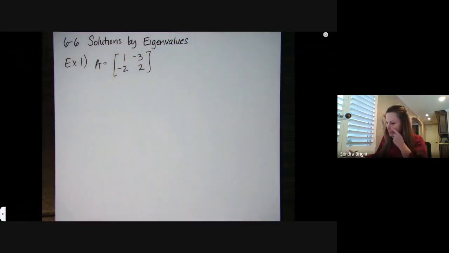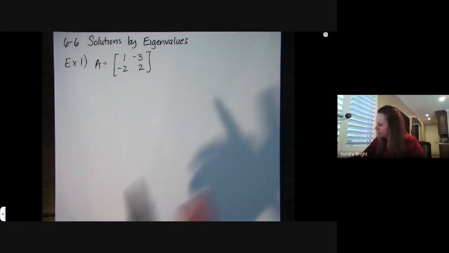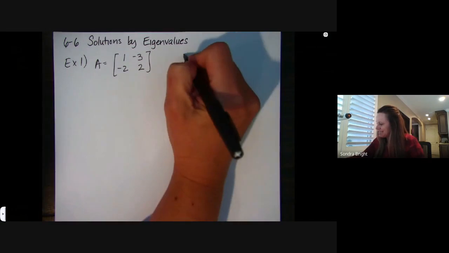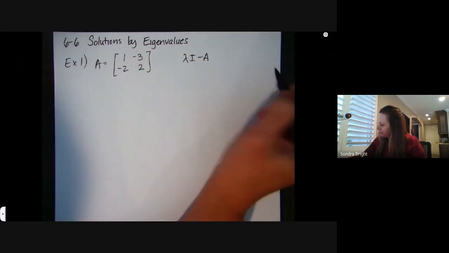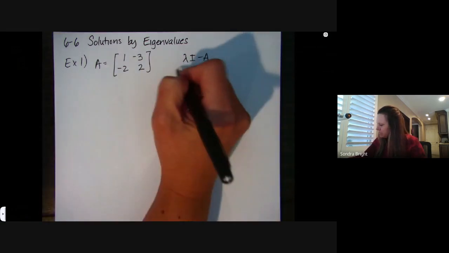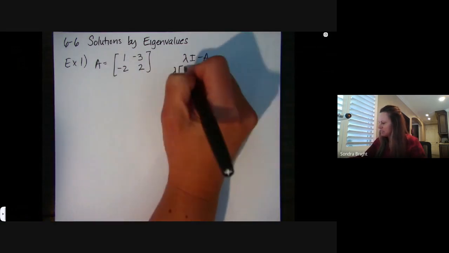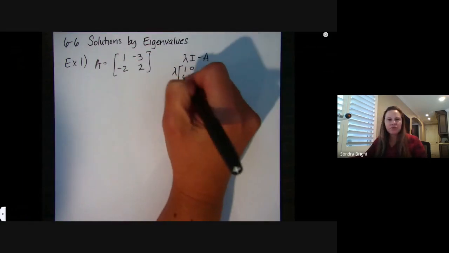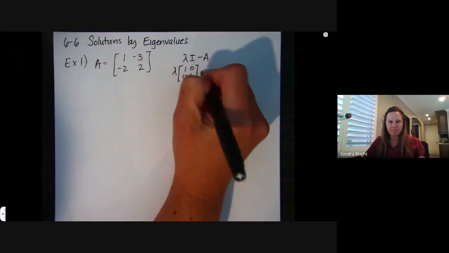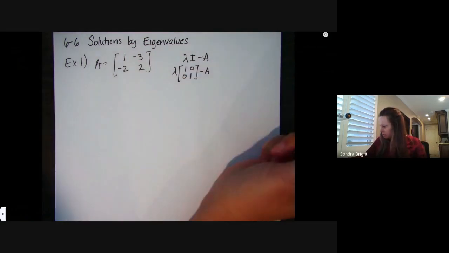Remember, to find the eigenvalues, we took lambda times the identity matrix minus A, where lambda was out front. The identity matrix is a 2 by 2, so 1, 0, 0, 1. Remember, you can't just subtract a number from a matrix; you have to put it into matrix form.